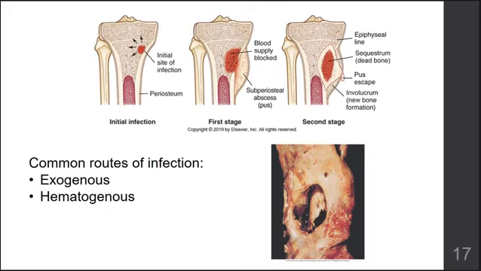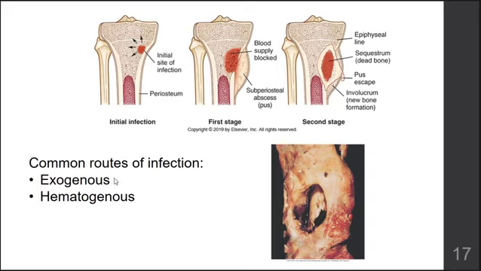So the question to ask now is, how did the bacteria get to the bone to begin with to cause the osteomyelitis? Well, first of all, you should be aware of the 2 common routes of infection, exogenous or hematogenous. With exogenous, let's say somebody has a wound and the wound gets infected, so the soft tissues in the area get infected and it's not treated, or maybe it doesn't respond to treatment, the infection can spread to the underlying bone.